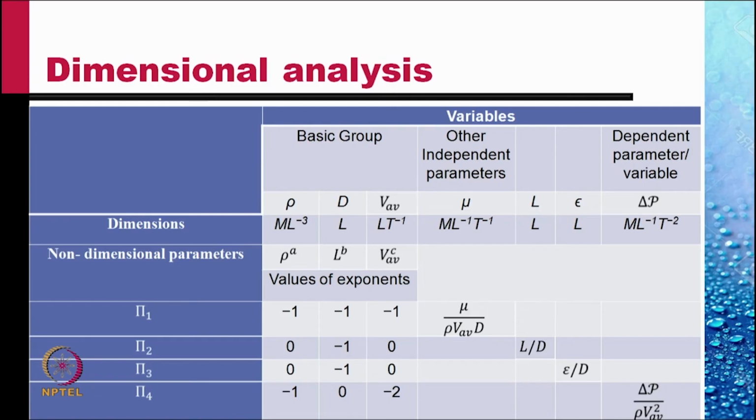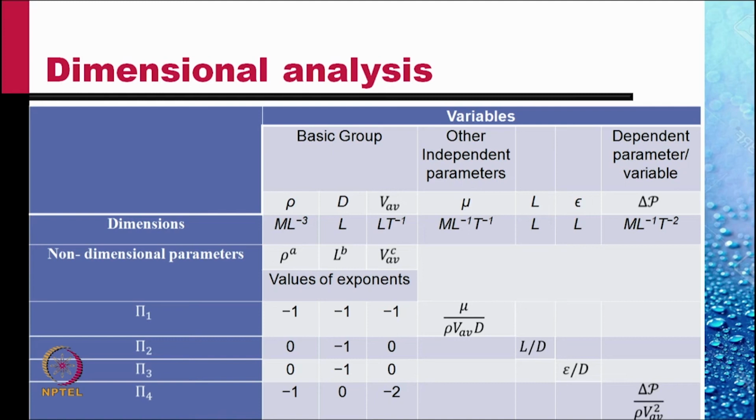The other independent parameters, which are not in the basic group, are mu, viscosity, length L of the pipe, and epsilon, the mean roughness height. And we write one dependent parameter. In this case, it is delta P, the piezometric pressure drop.